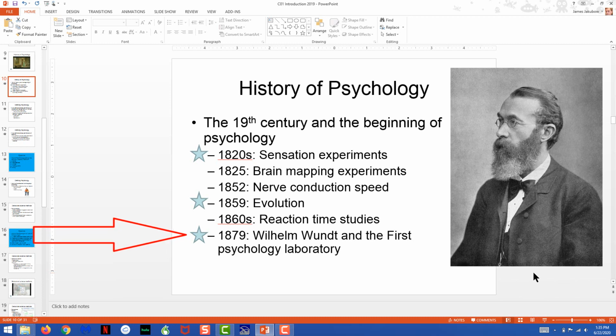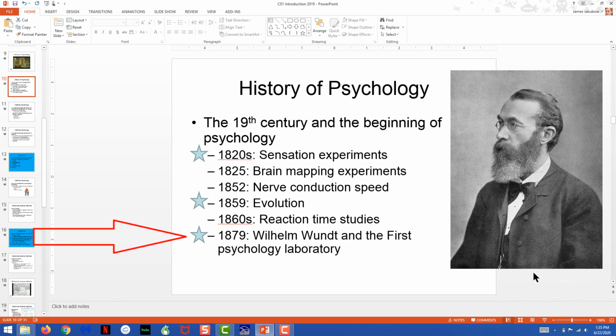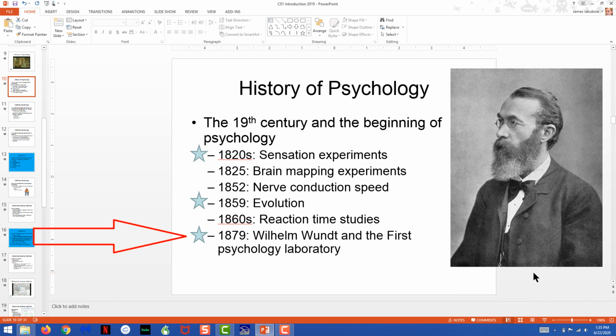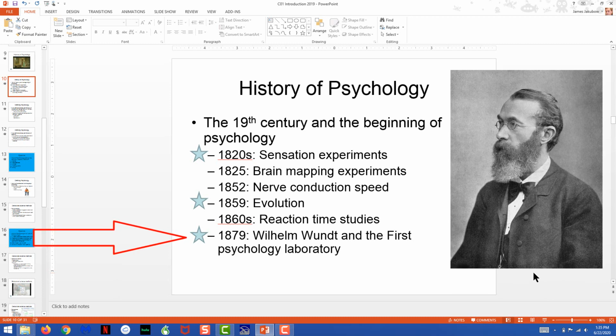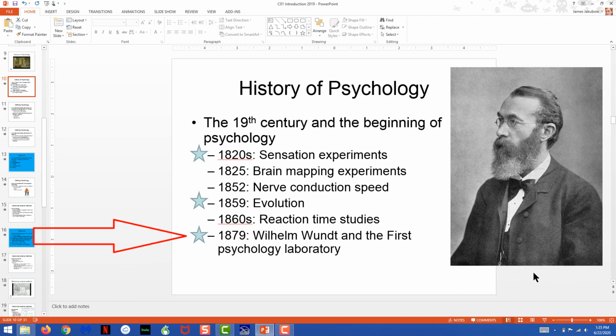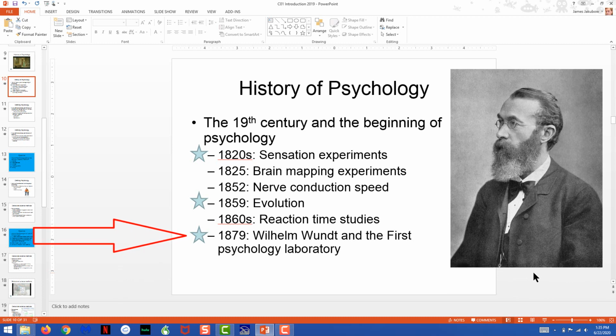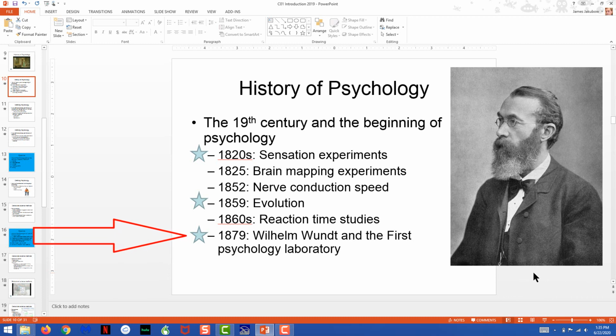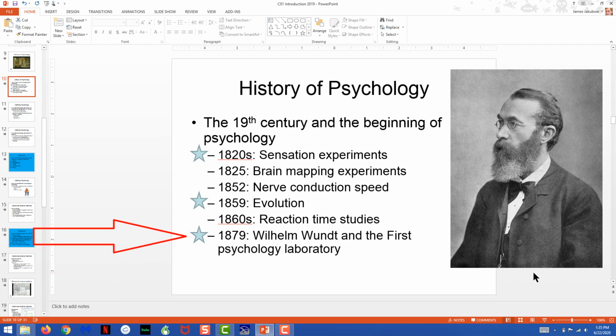But Wundt had this background in science and biology. So he decided that he did not want to do traditional philosophical work, but instead he was going to take his background in science and apply it to understanding why human beings think the way they do.